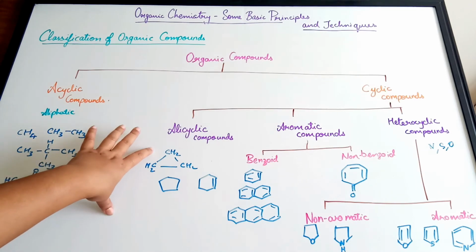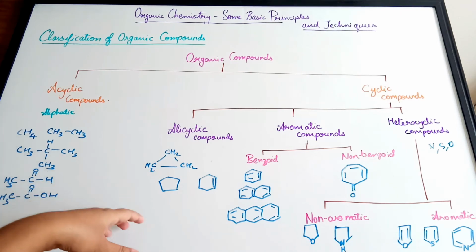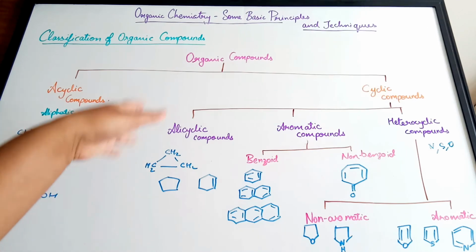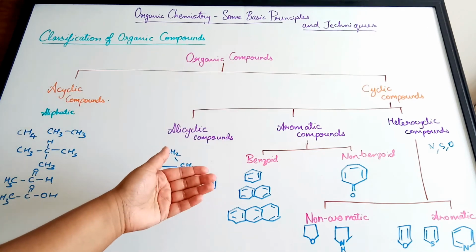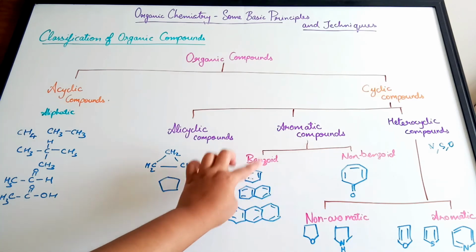Alicyclic compounds just have carbon rings, and they don't have aromaticity. Aromatic compounds are classified into two, benzoid and non-benzoid. This is a benzene ring.